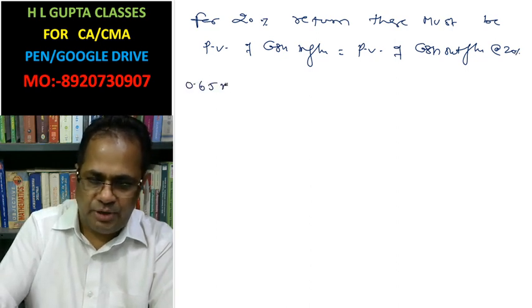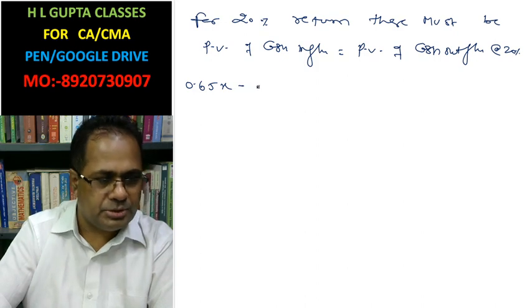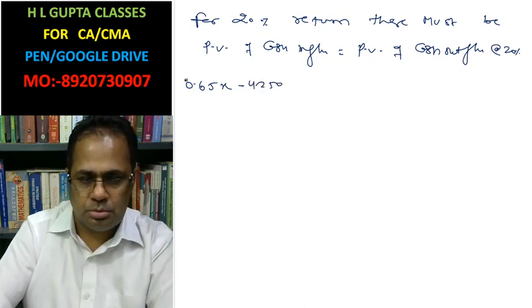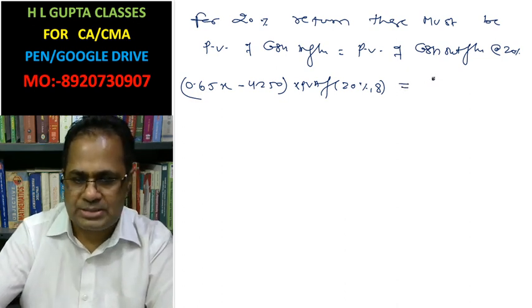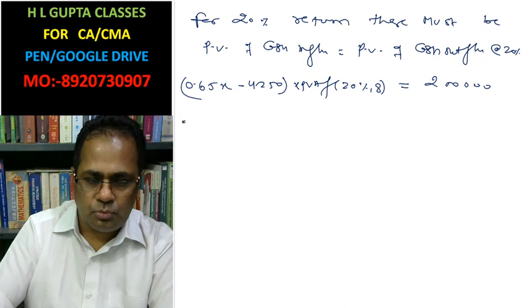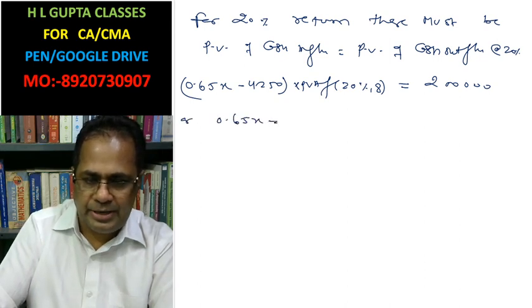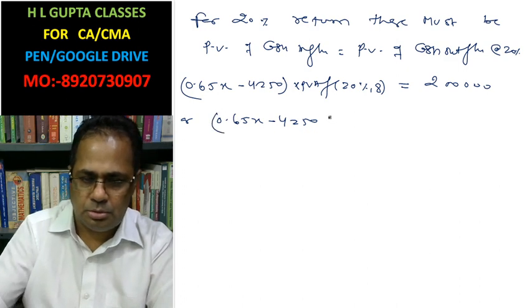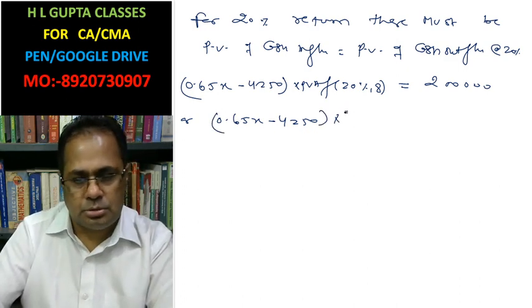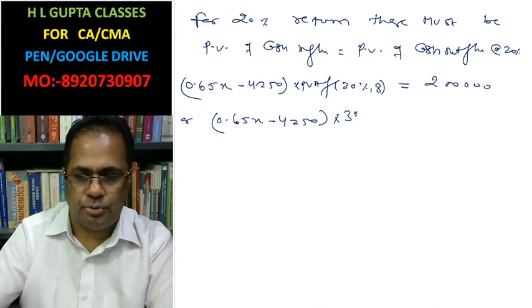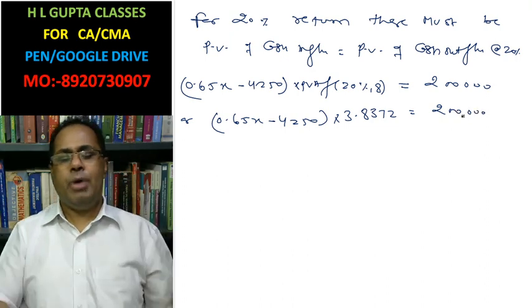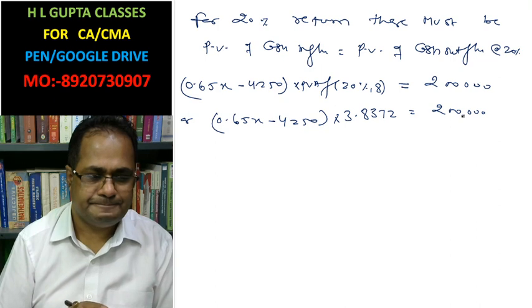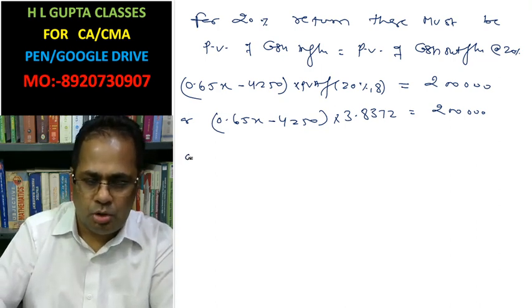That is 0.65x minus 4250 into present value annuity factor 20% 8 years equal to 2 lakhs, or 0.65x minus 4250 into 3.8372, this is rupees 2 lakh, and you have to calculate the value of x, okay.